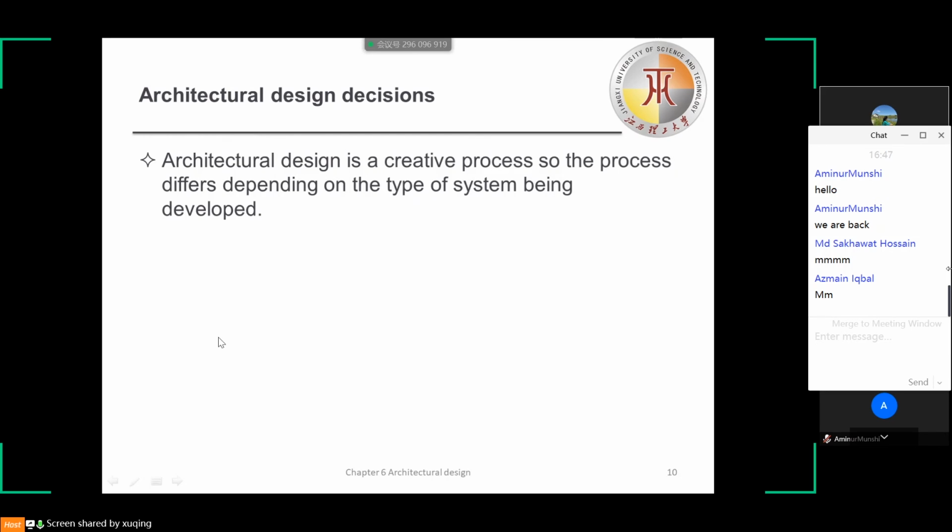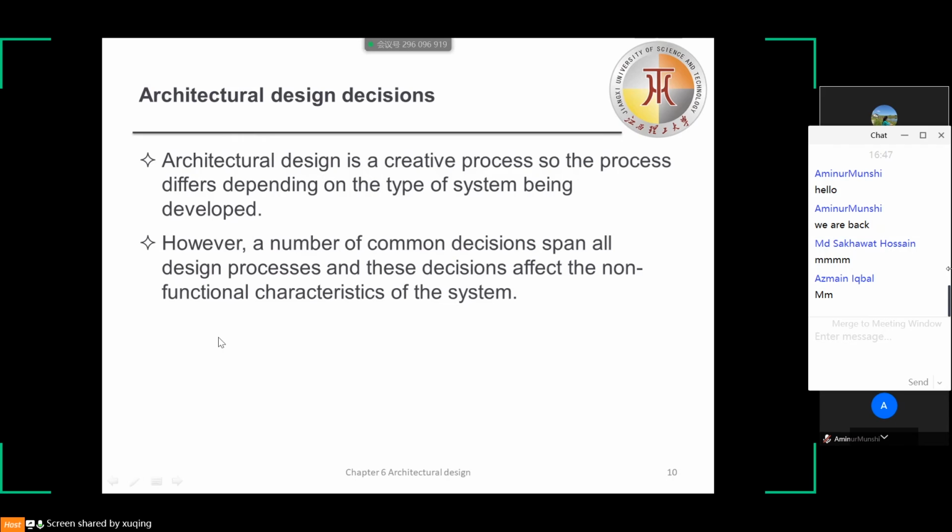The process can be different depending on the type of system being developed. However, a number of common decisions span all design processes, and these decisions affect the non-functional characteristics of the system.